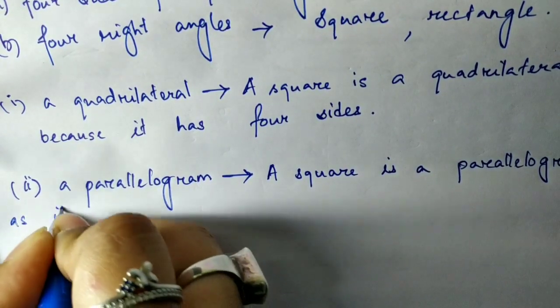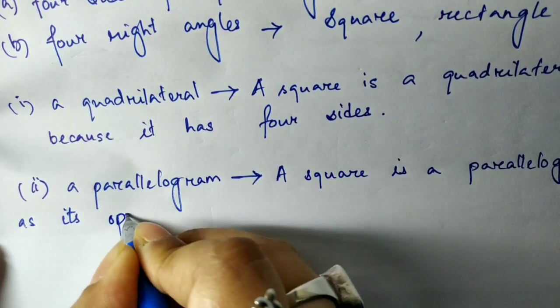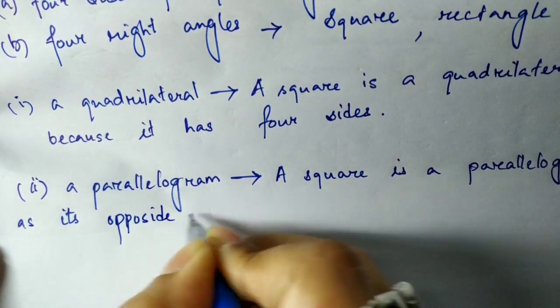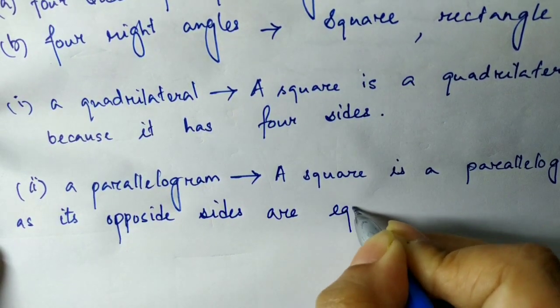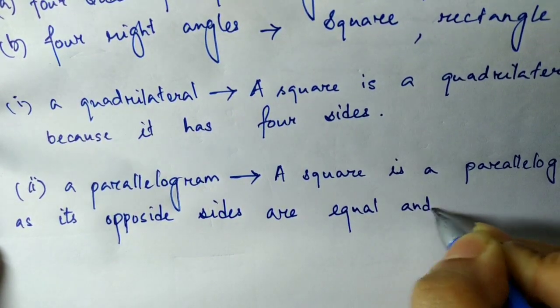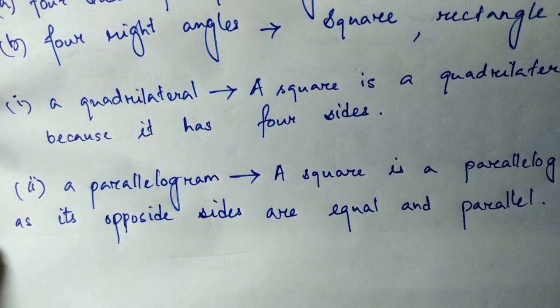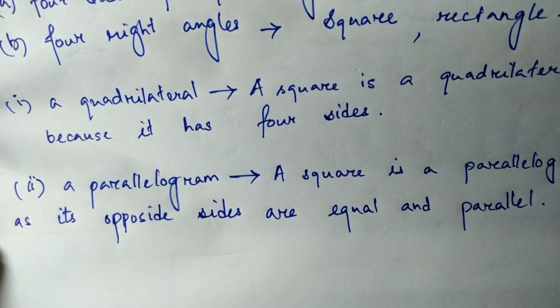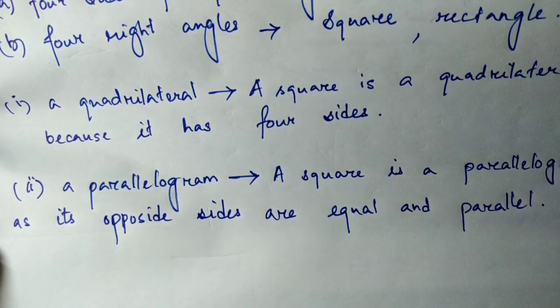as its opposite sides are equal and parallel. Now you may ask me a question here, ma'am, all the sides of a square are equal, but opposite sides are also equal, no?